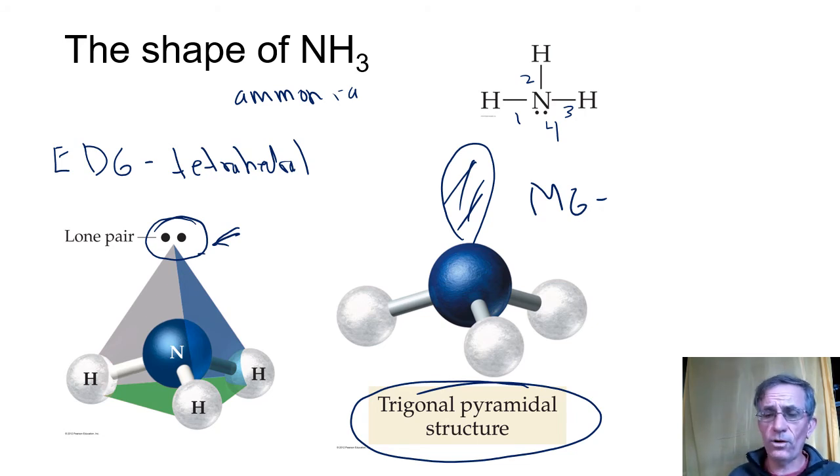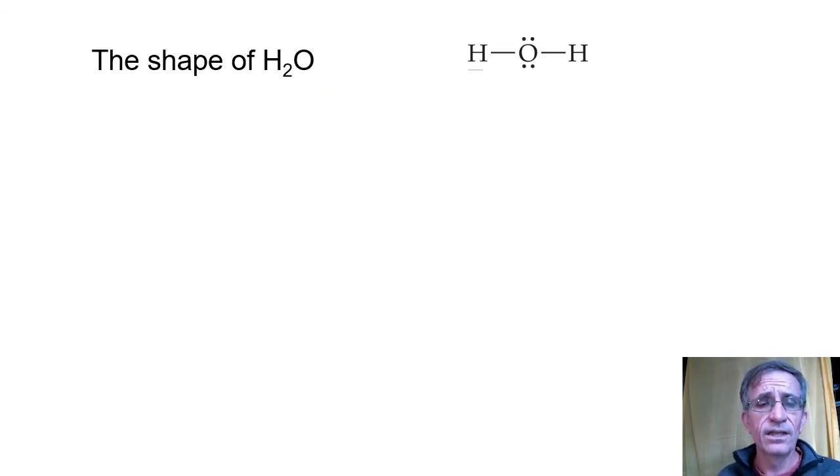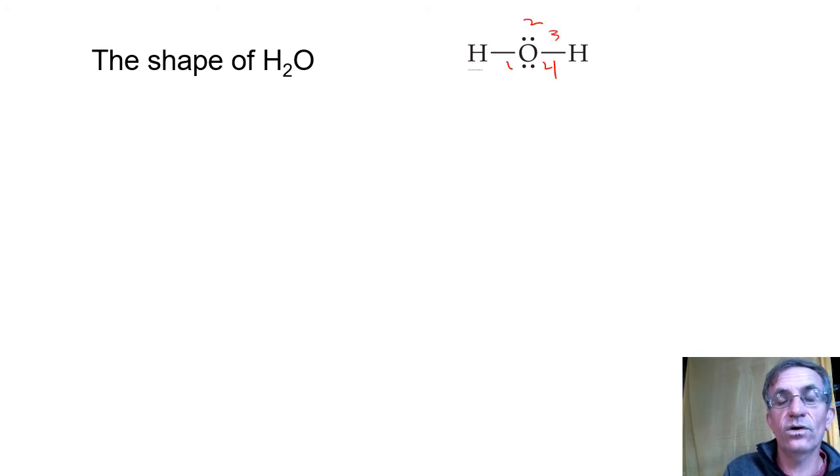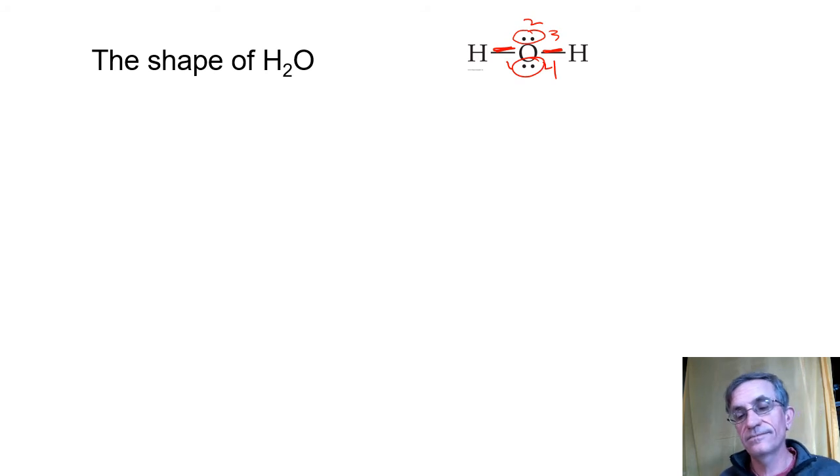All right. One more possibility, and we're going to sum it up, and hopefully that'll help it make a little more sense. Okay. Last possibility, water. Water has, again, if we look at what's around the middle atom, 4 areas. Uh-oh, this sounds a little familiar. 1, 2, 3, 4. There's 4 areas with electrons. A bond, 2 bonds, and then 2 lone pairs.